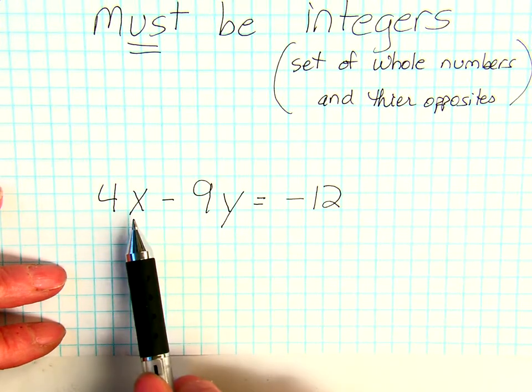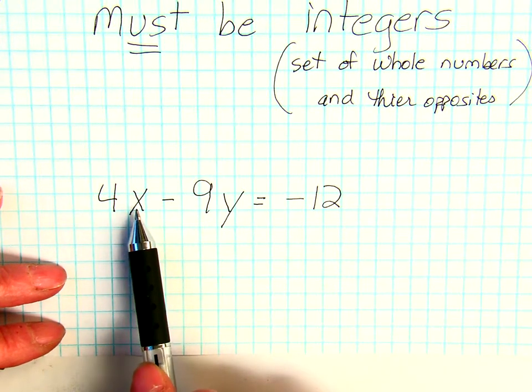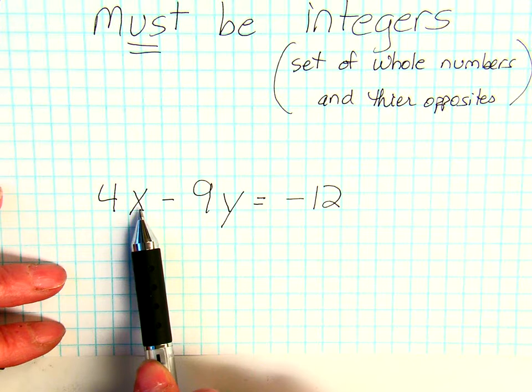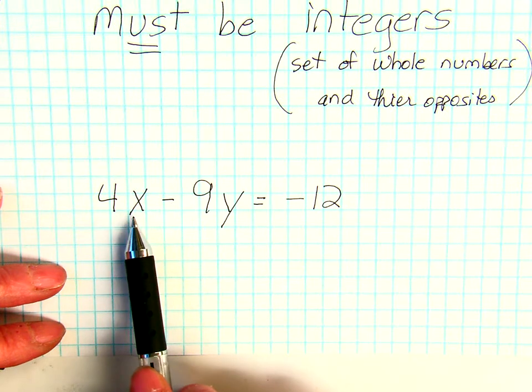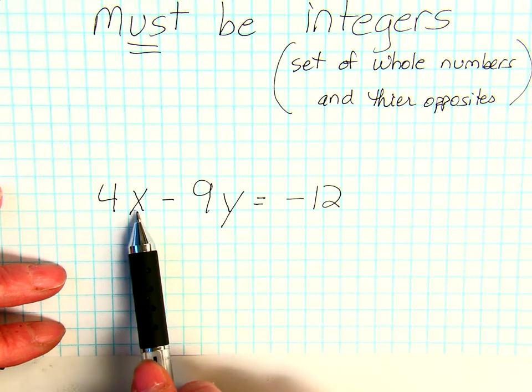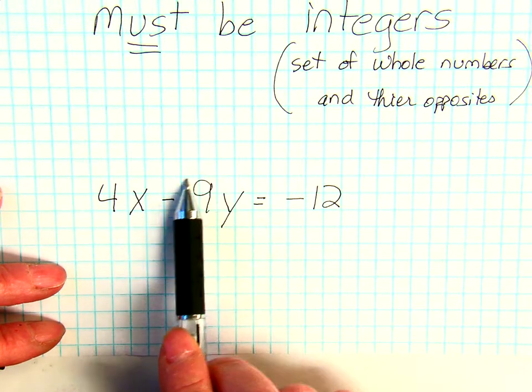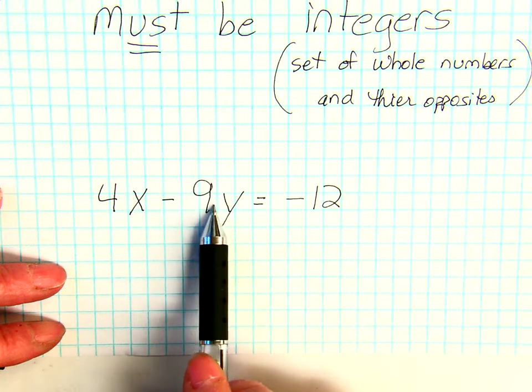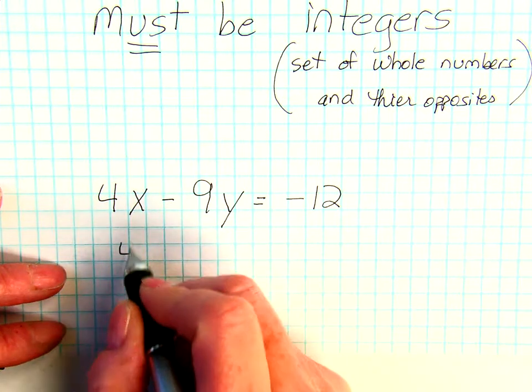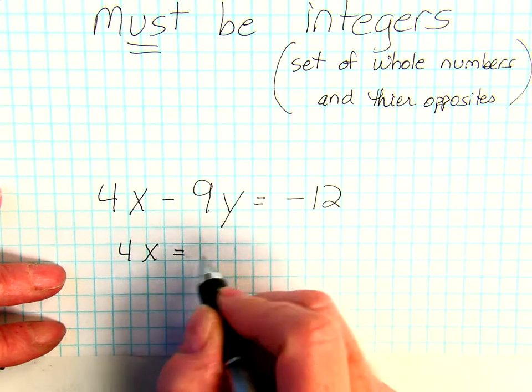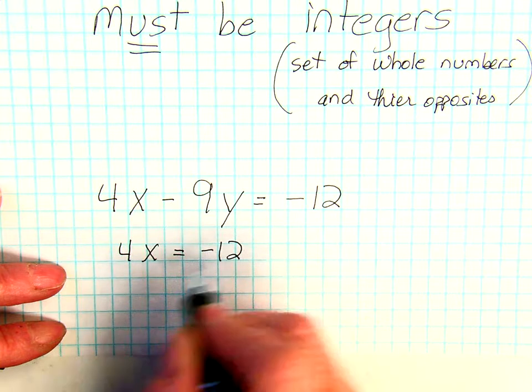In order to find where the line crosses the x-axis, at that point y is 0. So if we make this term a 0, then what I have is 4x equal to negative 12.